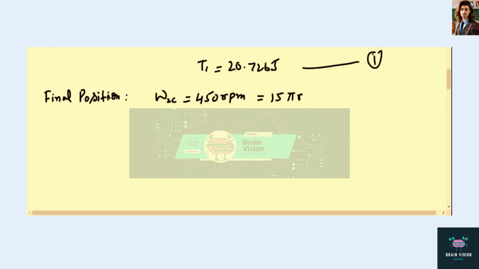So omega 2A is equal to omega 2B, 2.5 times that, so you will get 37.5 pi radian per second.